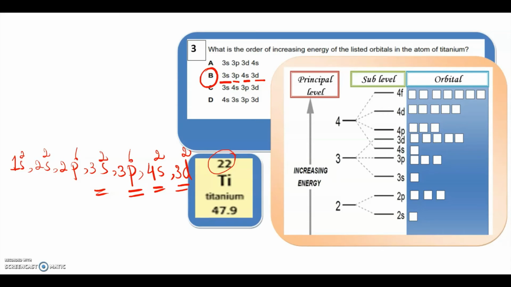We start from 3p and we can see 3d is at last: 3p, 4s, 3d. So 3s, 3p, 4s, 3d. So your option B is the correct option.